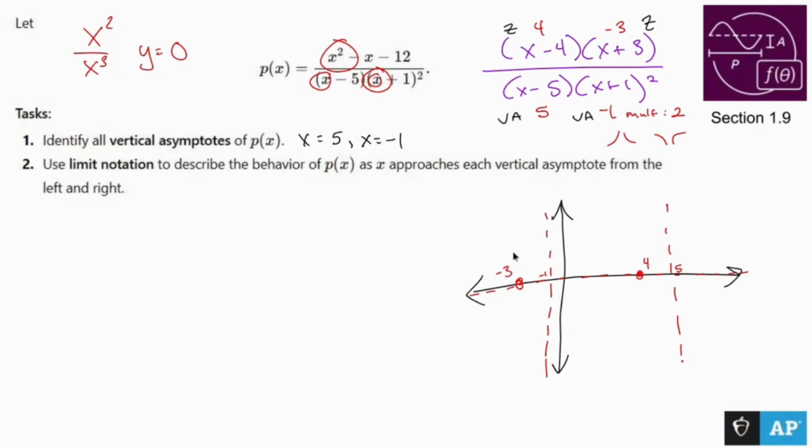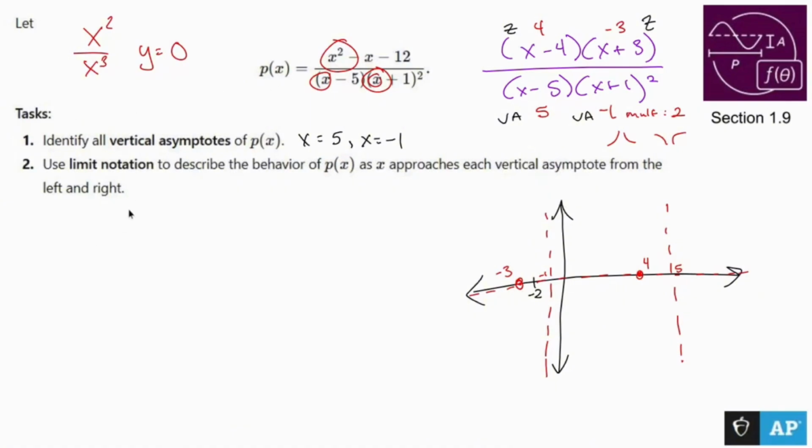This is either going to hover along the x-axis on the bottom and then scoop up, or hover along the axis and dip down. So what I really need to do is plug in -2, because if I get a positive or negative number, that's going to help us figure out everything.